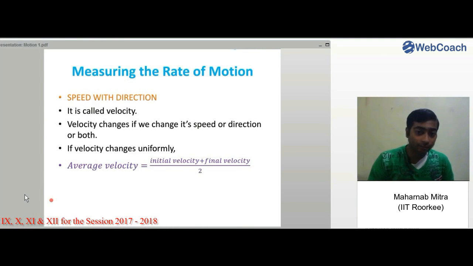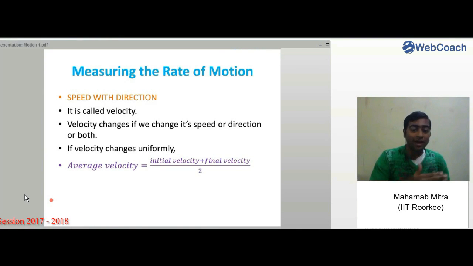Now, if the change of velocity during motion is uniform, or the rise in velocity or the fall in velocity is uniform, then we can talk about the average velocity. And how do we define average velocity? It is defined as initial velocity plus final velocity by 2, or just the arithmetic mean of initial and final velocity.